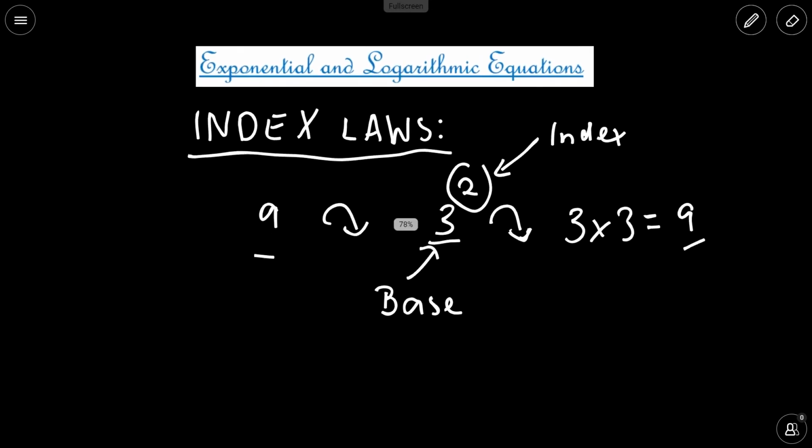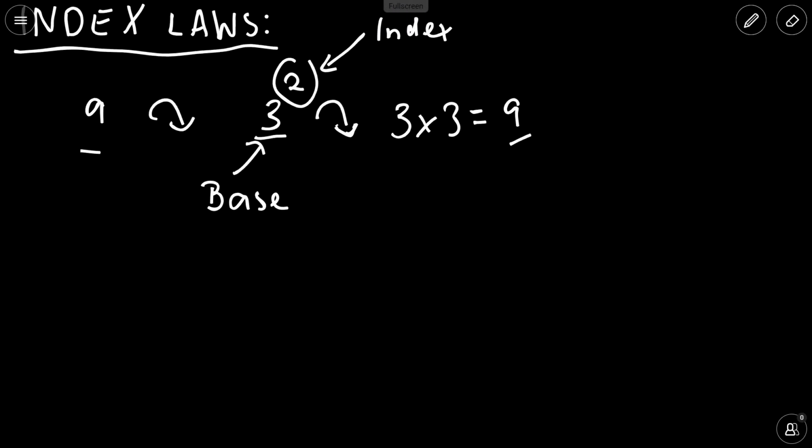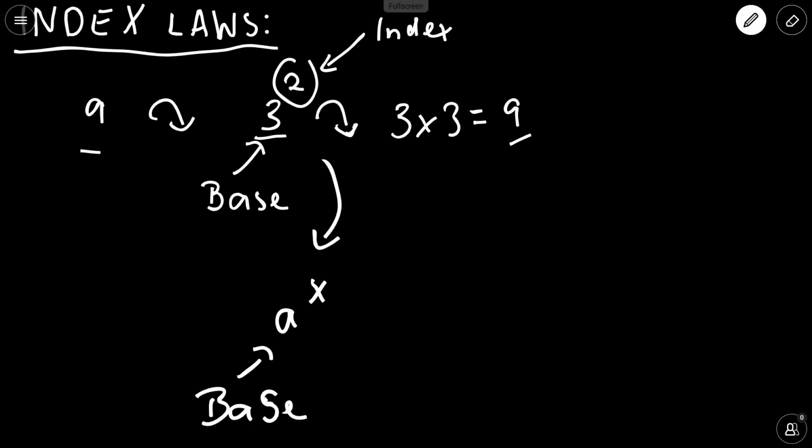So from here, instead of writing with numbers, when we look at laws, we always want to represent this situation with variables. There we can say a to the power of x. A just tells us our base can be any number. That's still our base. In our example up here, it was 3.